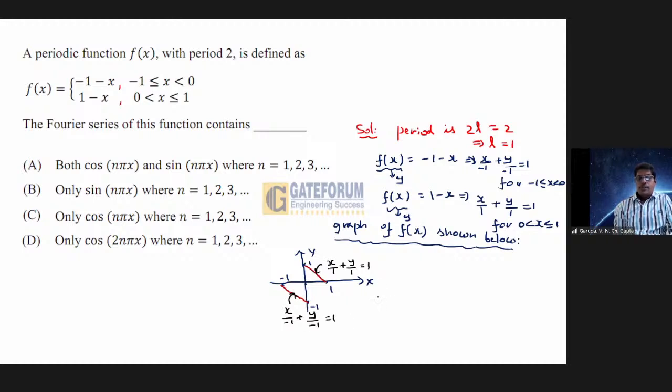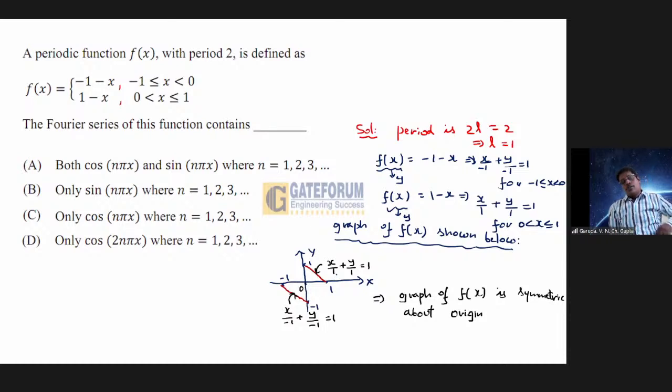So this implies the graph of f(x) is symmetric about the origin. This is O.